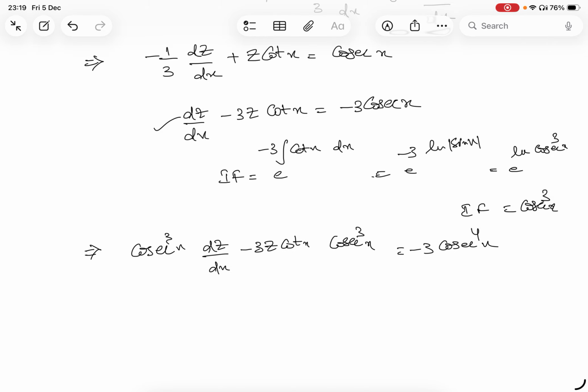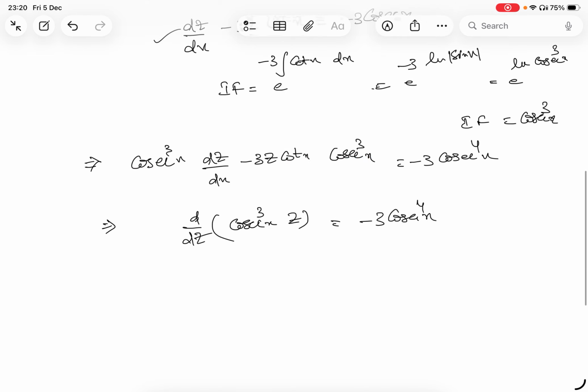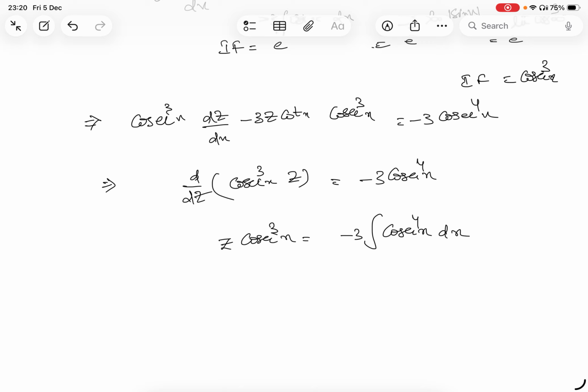Now you can write it in the form of a differential, which is d by dx of cosecant cube x into z equal to minus 3 cosecant power 4 x. Now let's try to integrate. Then the left hand side becomes z into cosecant cube x equal to minus 3 into the integral of cosecant power 4 x dx. Fine.